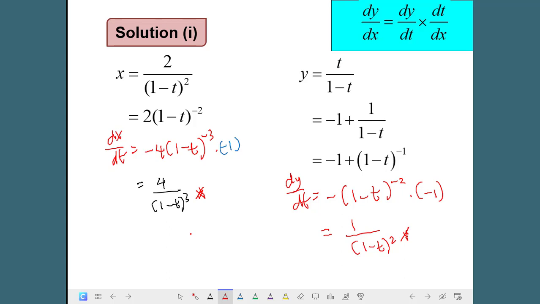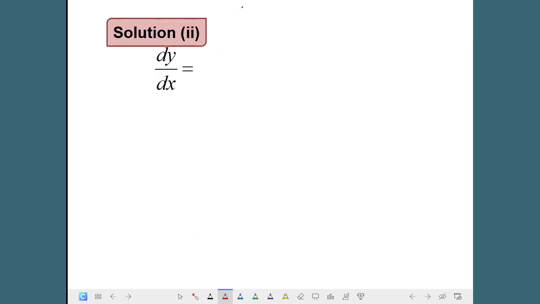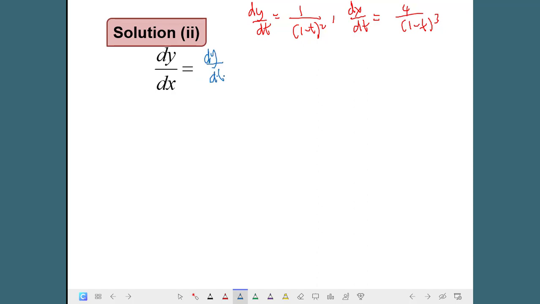Now we're going to show dy/dx. dy/dt is equal to 1 over (1 minus t) squared, and dx/dt is equal to 4 over (1 minus t) cubed. So dy/dx is equal to dy/dt over dx/dt. Substitute: dy/dx is equal to 1 over (1 minus t) squared, over 4 over (1 minus t) cubed.